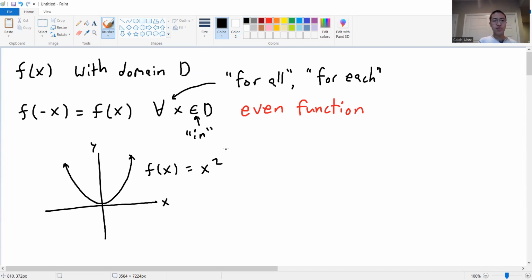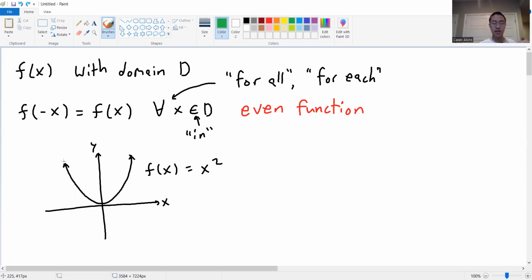If I were to think about the y-axis here, and then spin it and rotate this around, it would be perfectly symmetrical. In other words, rotating about the y-axis and flipping it over, it's going to look exactly the same. It's a mirror image, and I reflect it over here. So that's where we get symmetry from with even functions. It's going to be around the y-axis.